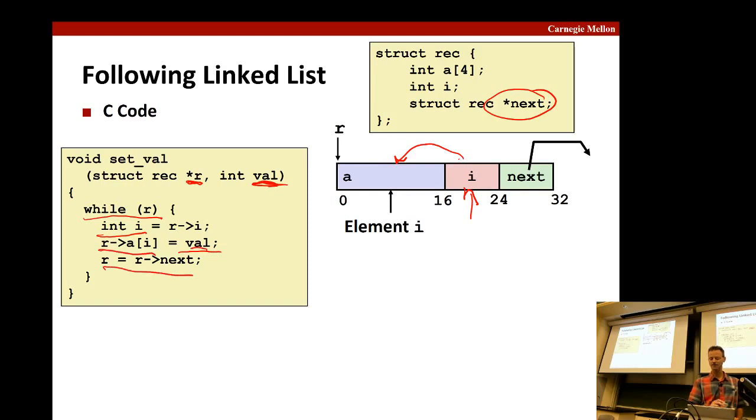Then we go to the next one. Depending on what this I is, we will set a different element in that little array, and we proceed through the list until we hit the end, in which case we get a null pointer and drop out of the loop.